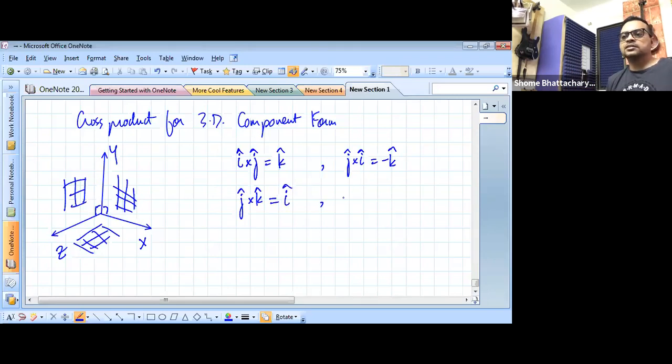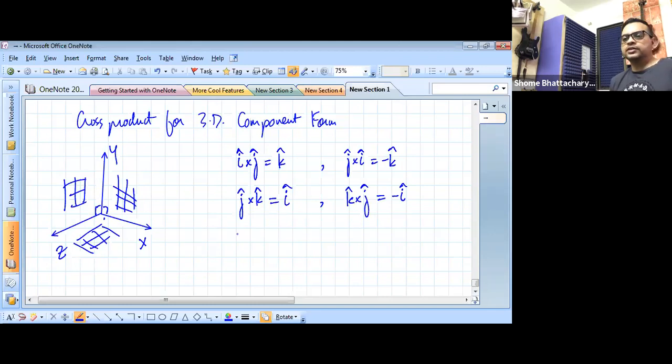And likewise, k cross j will therefore become minus i cap. If you point your thumb along the z axis and your fingers along the y axis, your palm will be pointing into this YZ plane, whereas if you take your thumb along Y and your fingers along Z, your palm will be pointing outwards from this YZ plane. So it is along plus i cap.